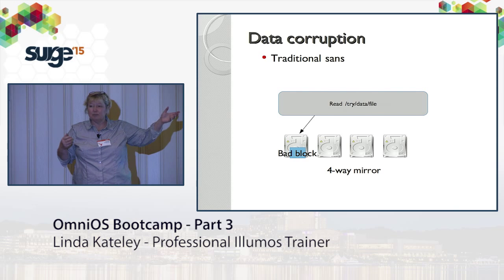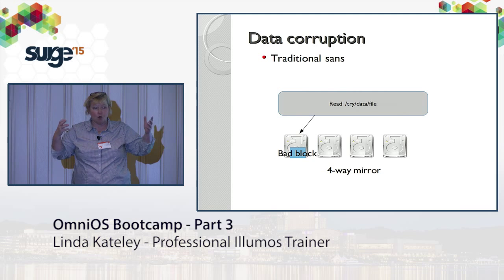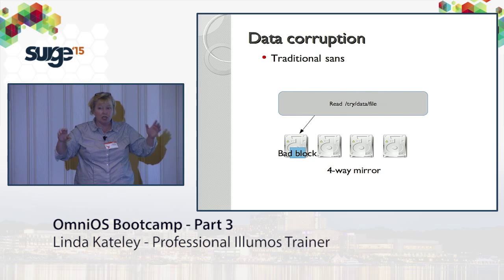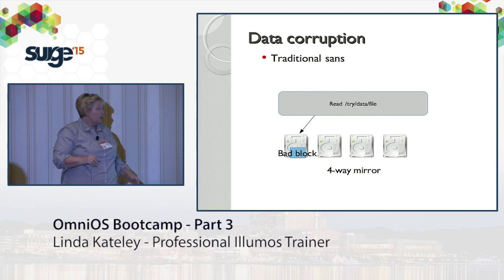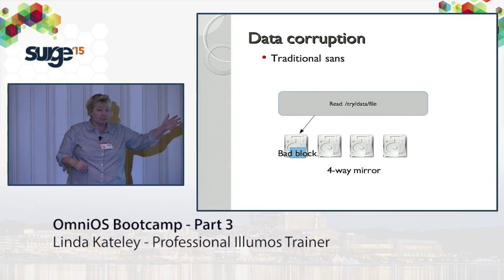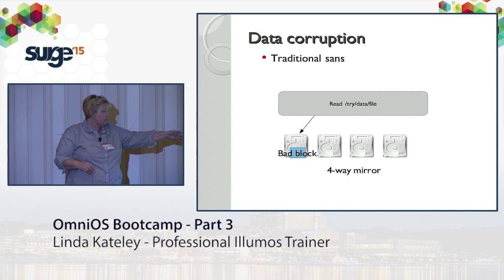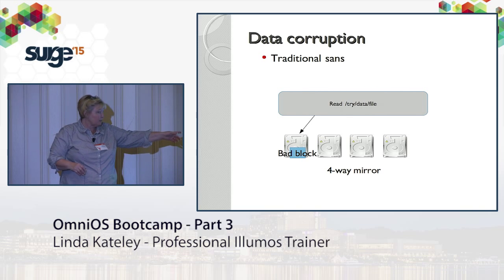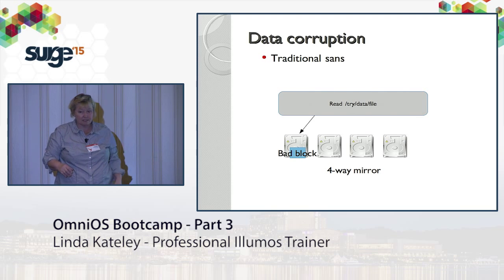I don't like the idea of silent data corruption. I want it to be very noisy, right? Like, hello, data corruption! But you could have silent data corruption because most of these things will round robin. So if there's a bad block on this disk, even in a 4-way mirror, it might pull the bad block out and it might be good on the other disks.